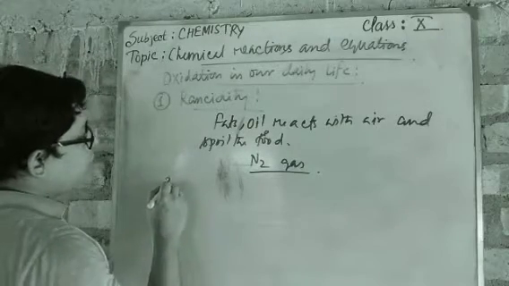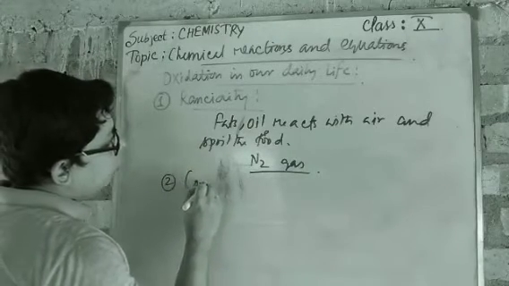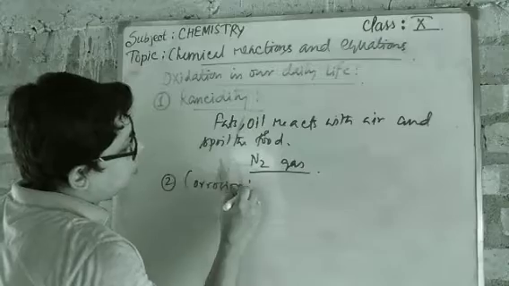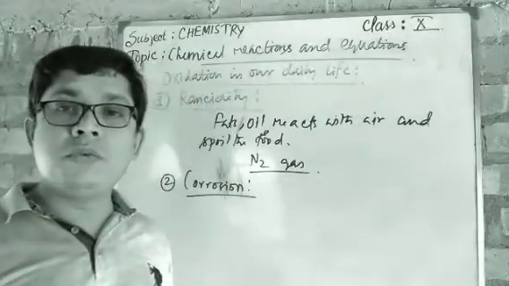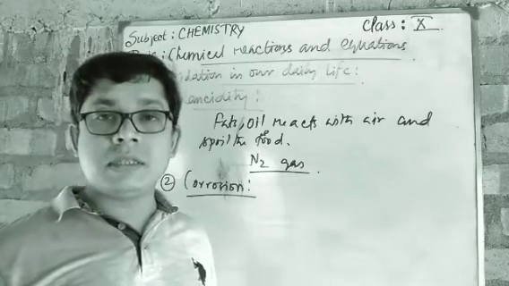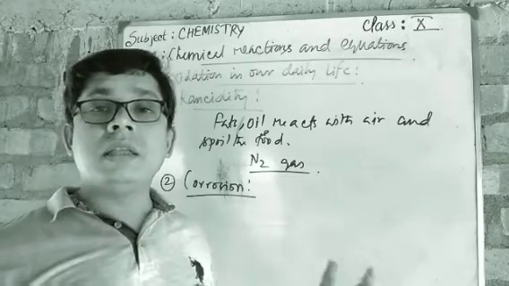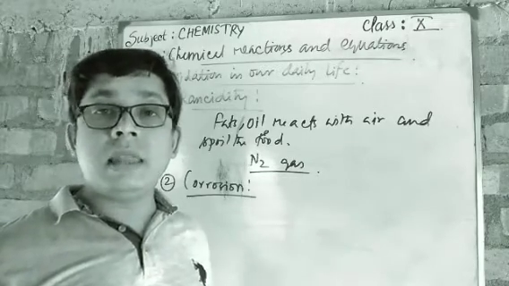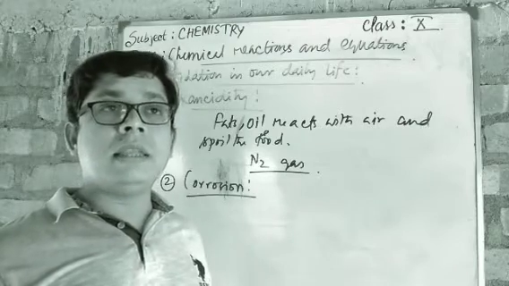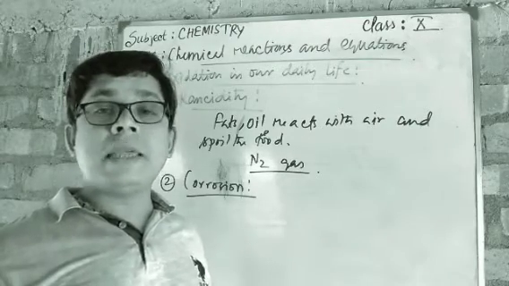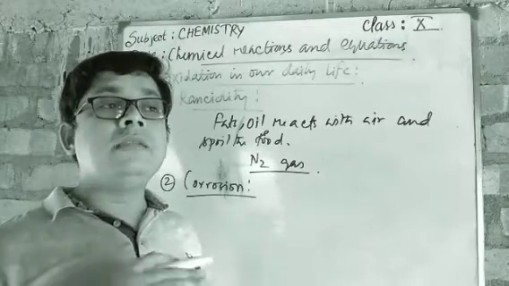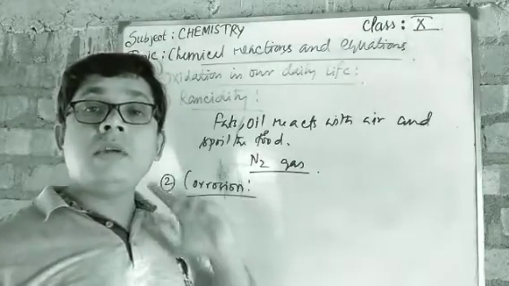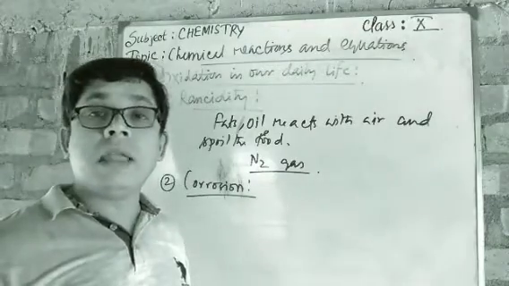Now come to number 2, that is corrosion. What is corrosion? Corrosion is the process through which metallic substances, like iron, nickel, silver, all those types of metals, get covered by a different type of layer with the help of air, water and moisture.